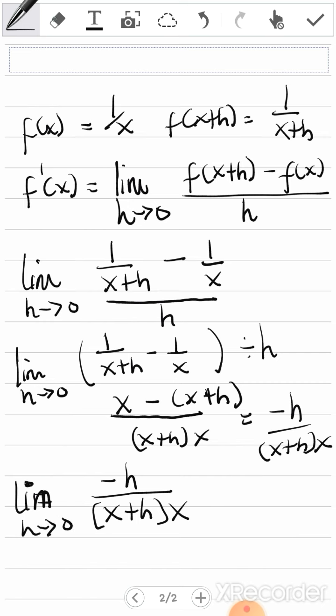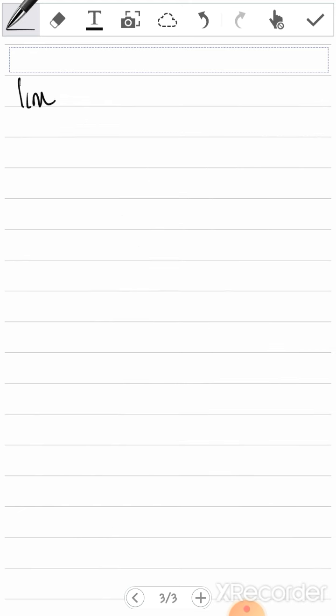Okay, so this is divided by h. What can we do here?